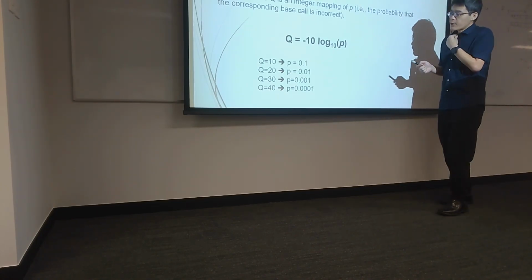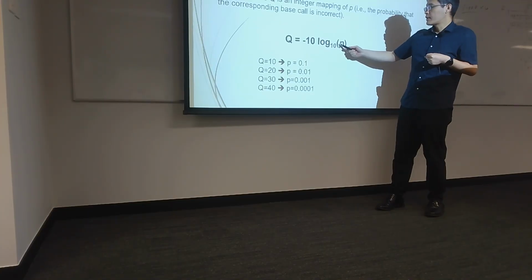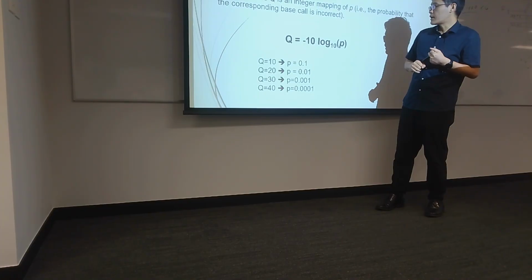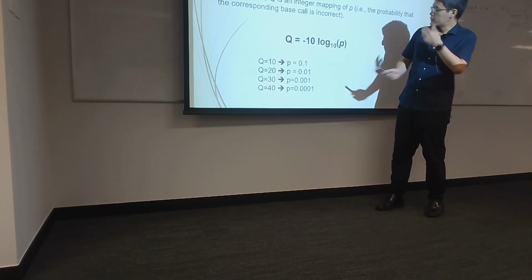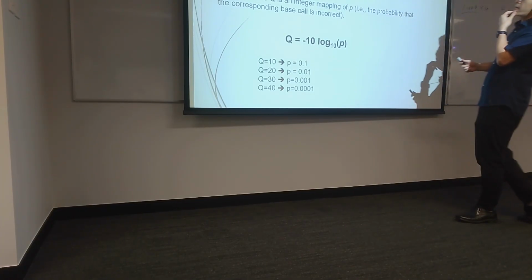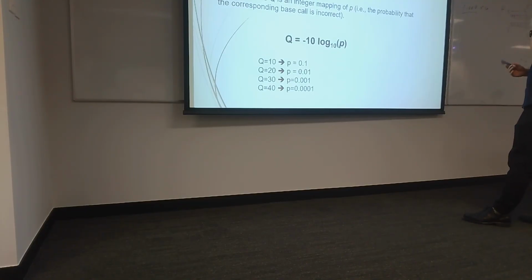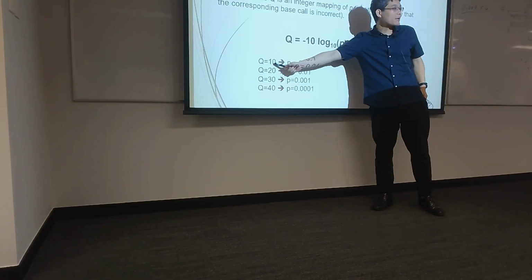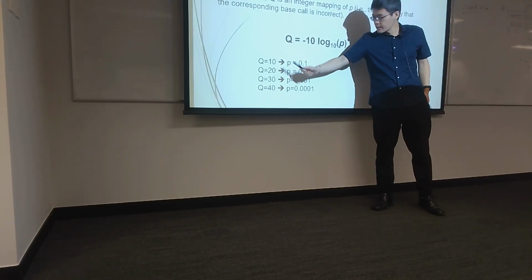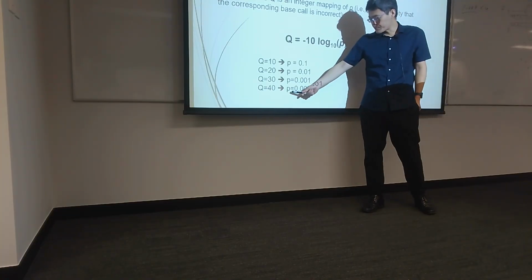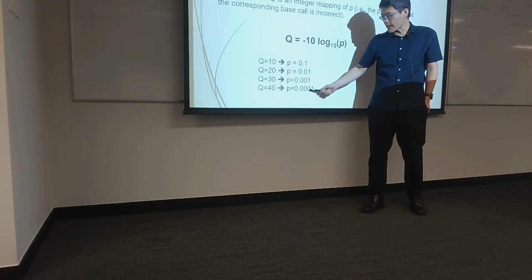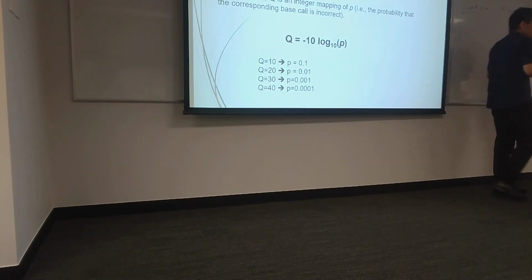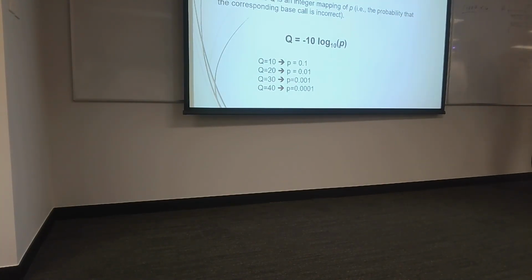But if we put it into this formula, then we get Q equals 10. Q equals 10. It's an integer. And if the probability is 10 to the minus 4, we get Q equals 40. Right? Then we get the Q value.